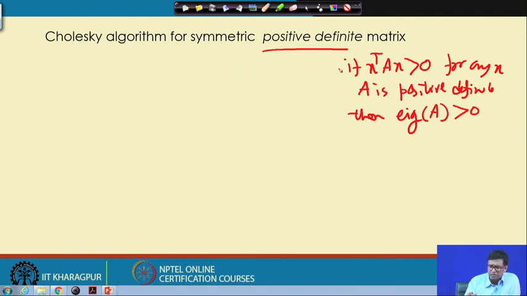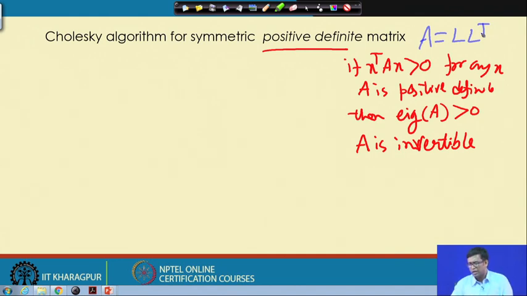However, here we can just think of it this way, and we will discuss positive definiteness of a matrix in detail in one of the later classes. One important thing is that if A is positive definite, it is invertible. So, for a symmetric positive definite matrix, we will have A equal to L L transpose, and we have an algorithm to find the elements of L, which is the Cholesky factorization.